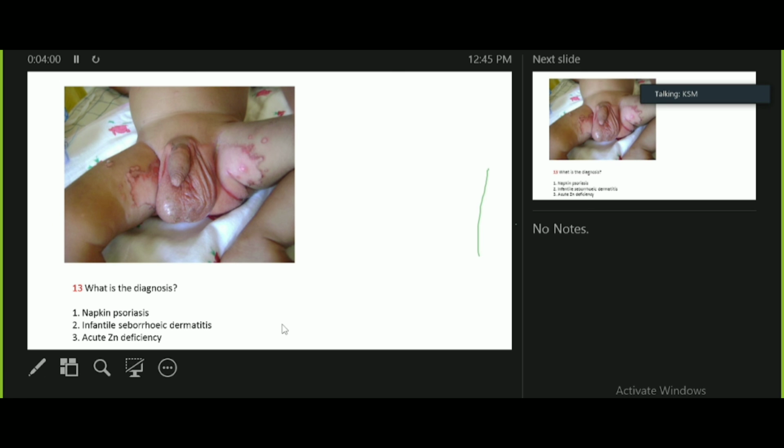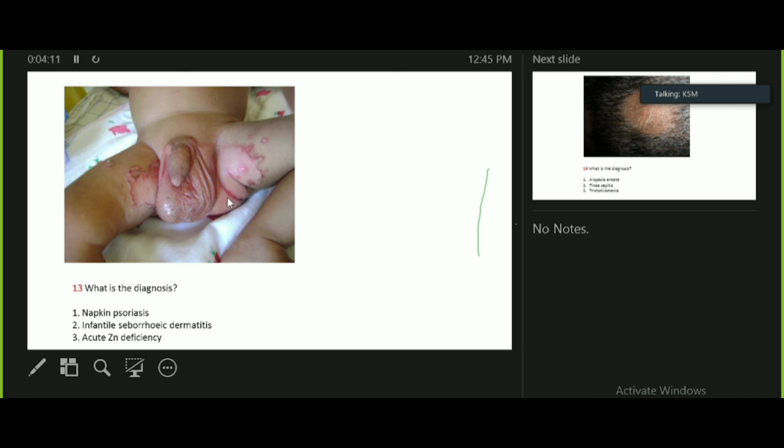Acute zinc deficiency, acrodermatitis enteropathica in children, you see this at the period of starting weaning food. A differential diagnosis is infantile seborrheic dermatitis, but here you see this characteristic border with this color because of skin necrosis.